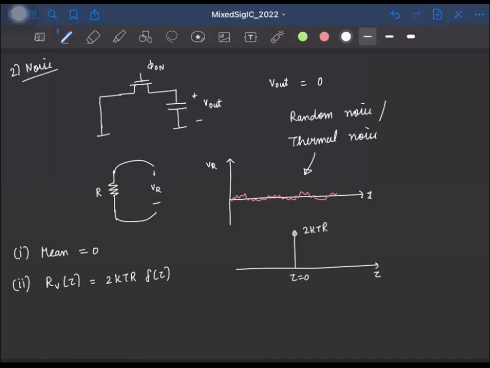So what does that mean? It means that the voltage at any particular time instant has no relation to voltages at any other time instant. Okay, so this noise is called uncorrelated noise.